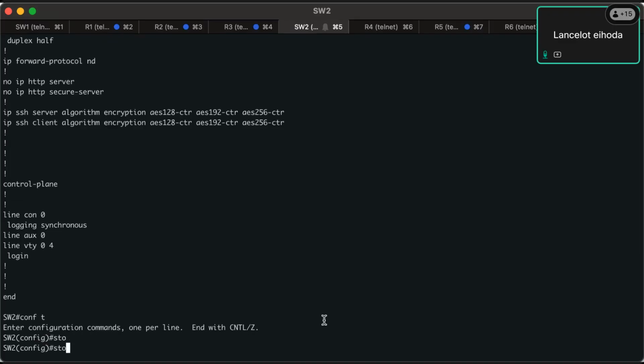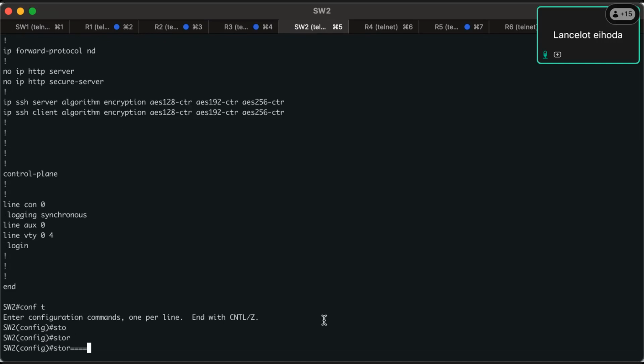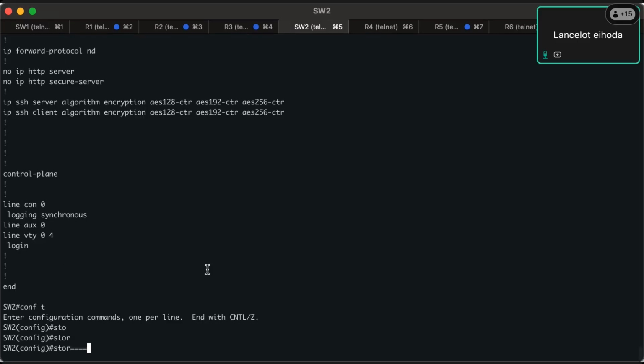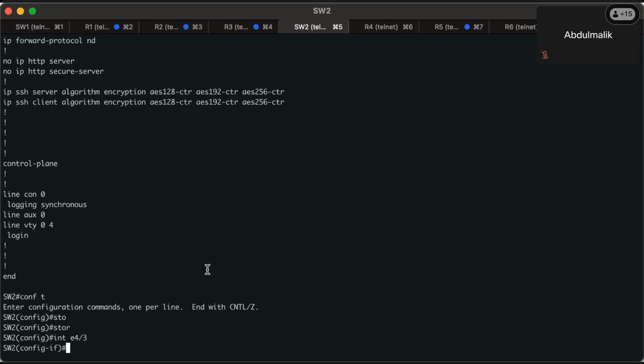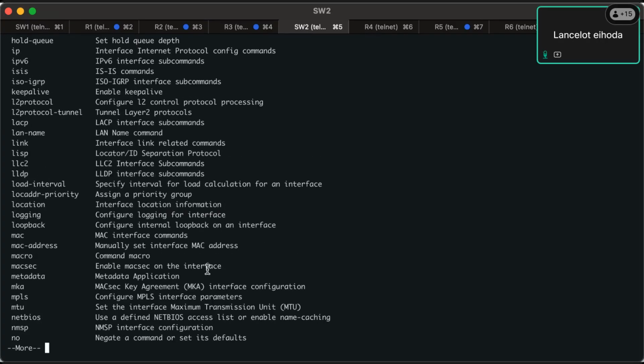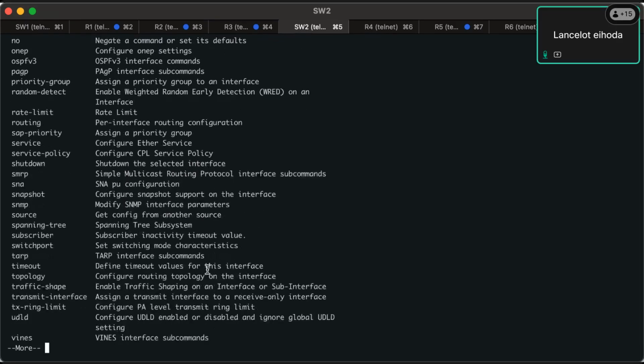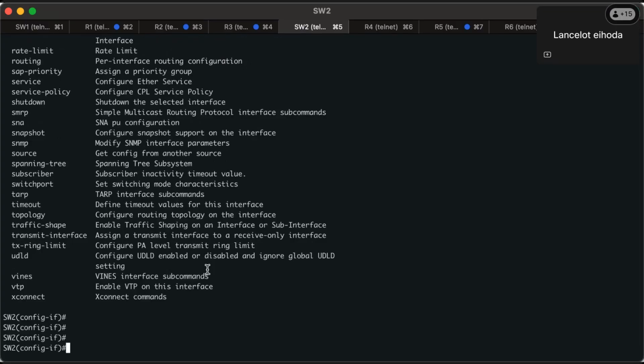The command is storm control. Interface Ethernet 0/3. Okay. This can do storm control.